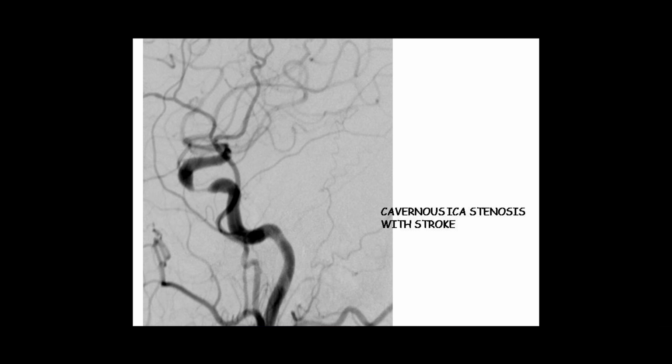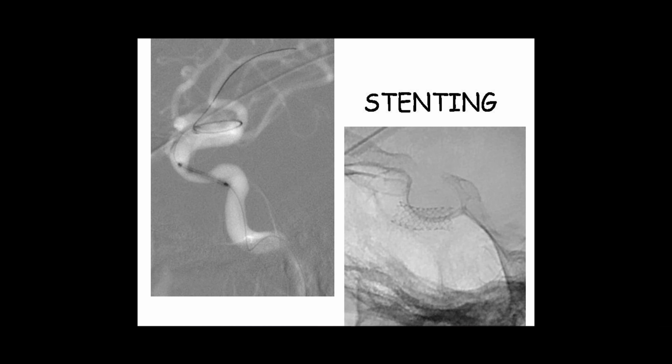You can see the cavernous carotid artery, again another technical term. The carotid artery is the artery which goes from the heart to the brain, supplying the brain. And there is a focal narrowing here, probably more than 95%. This is where we first inflated it with a balloon, and this is the stent placement, and this is how a stent looks in fluoroscopy.